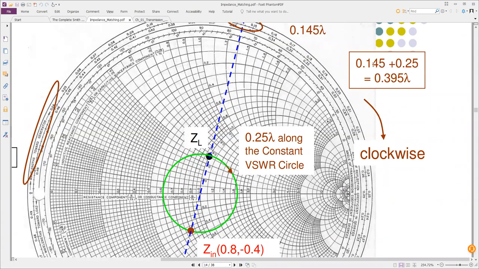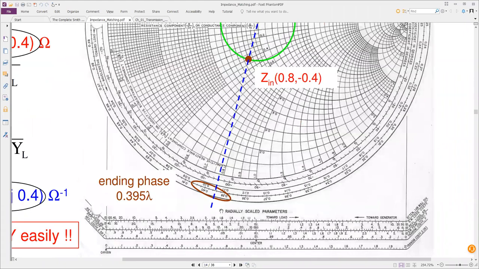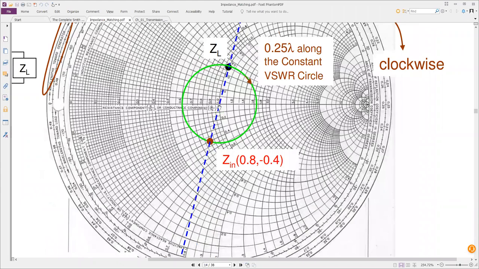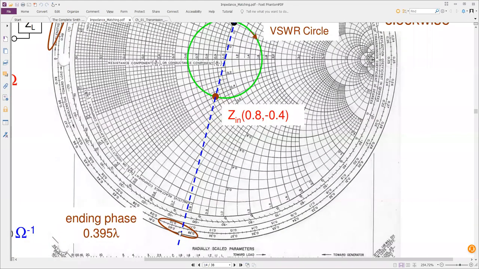Add 0.145 plus 0.25, then you get 0.395 lambda. So go to 0.395. This is 0.395 lambda. Join it from the center to the outside scale. Then you will get the Zin value.